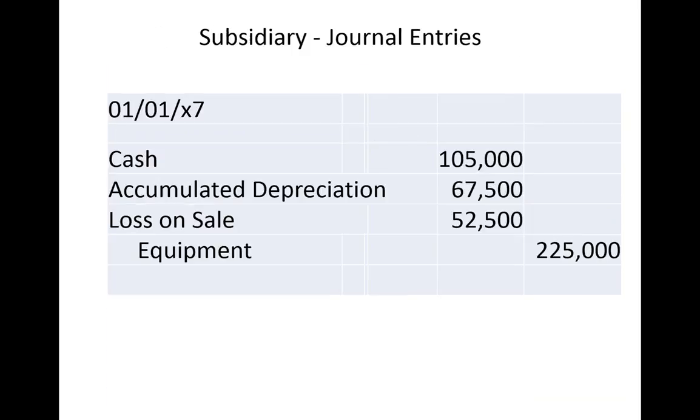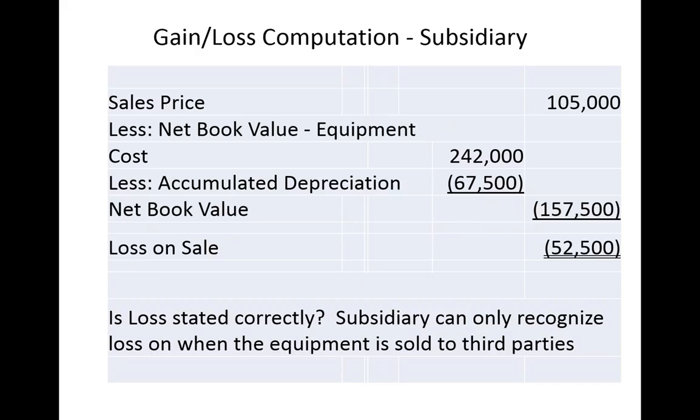So the subsidiary would make the following entry to record the sale. We need to start thinking, is this loss stated correctly? And we're going to find out that the loss, it is stated correctly, but it needs to be deferred because the equipment has not been sold to some third party just yet.